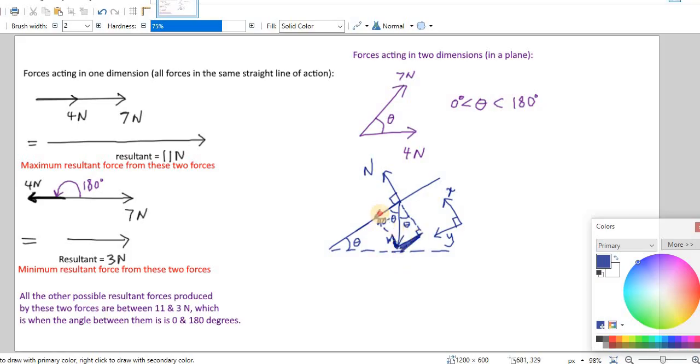This side and this side will be equal. Okay, so what is this side? That will be W, see this is the weight, W sine theta. So this side will be W sine theta. Okay, so that is the component of this weight force in this direction.